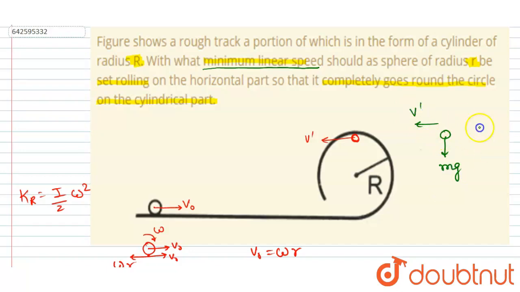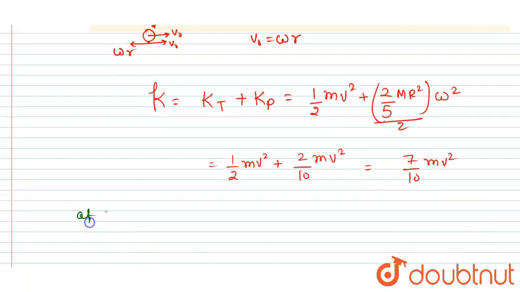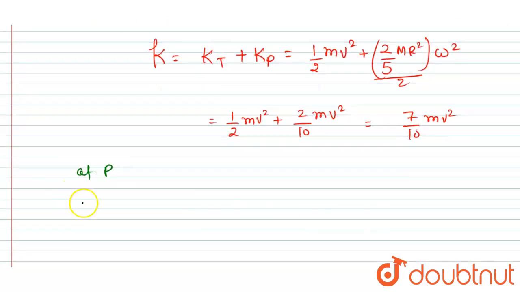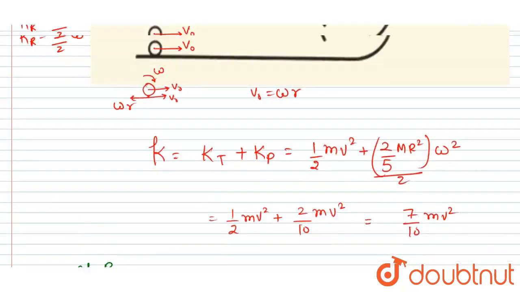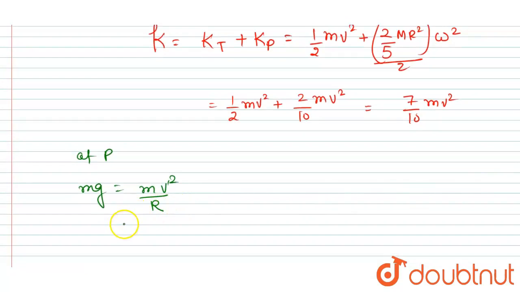Let's call this point P. At point P, mg is the only force acting as the centripetal force, so that will be mv dash square by r, right?